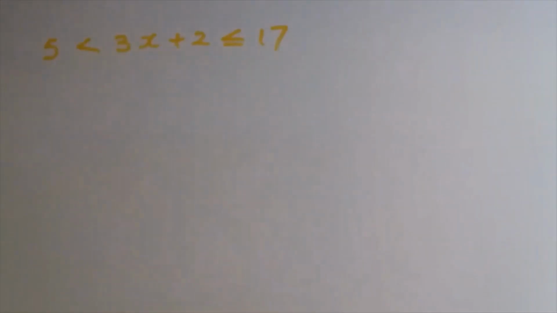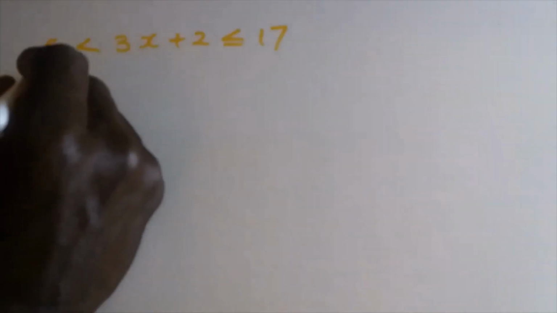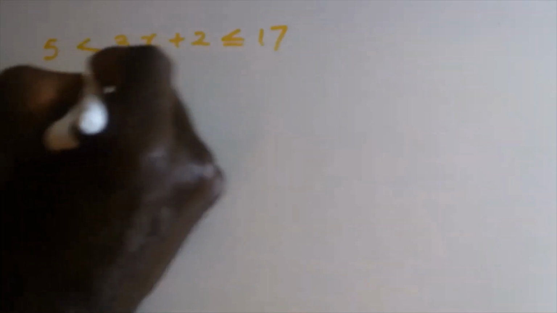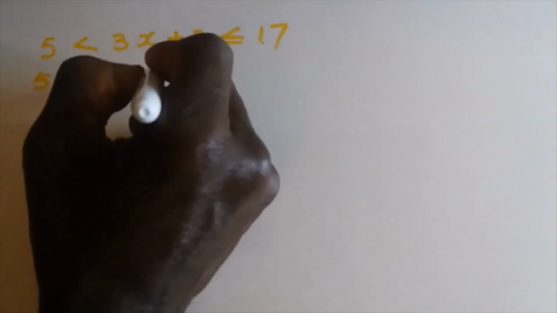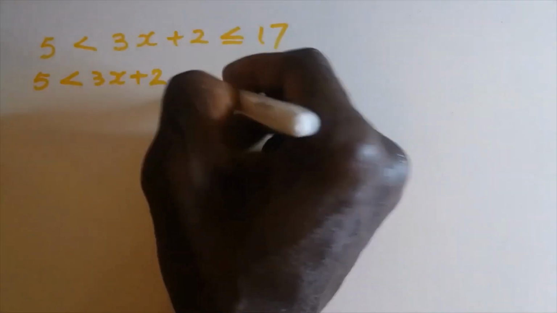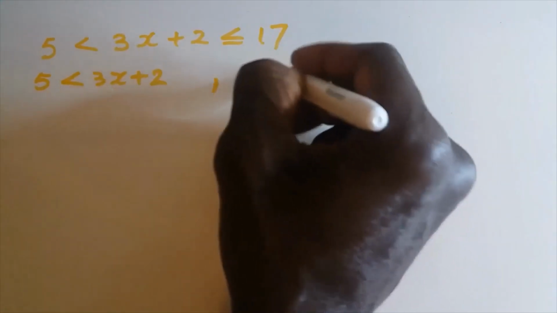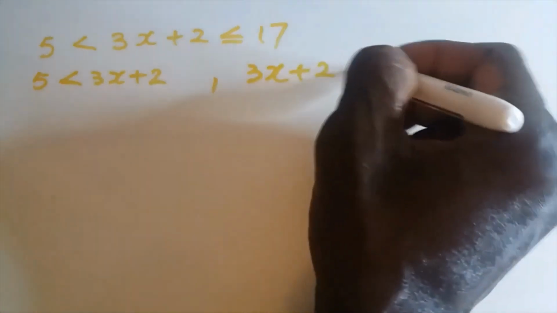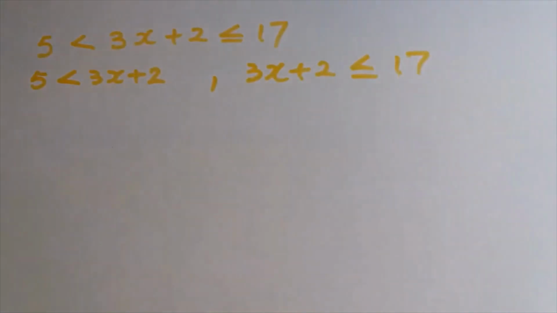We have an inequality here and the task is to solve it and display it on a number line. As we look at this, we can see that we have actually two inequalities, and the first is 5 less than 3x add 2, and the other is 3x add 2 is less than or equal to 17.